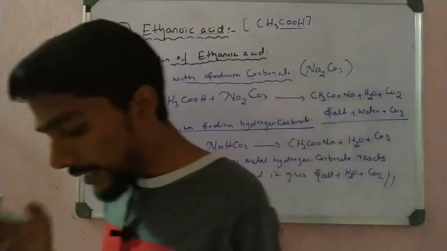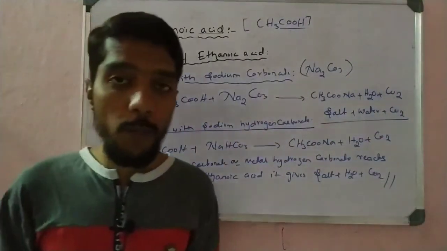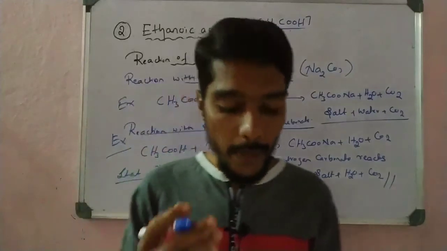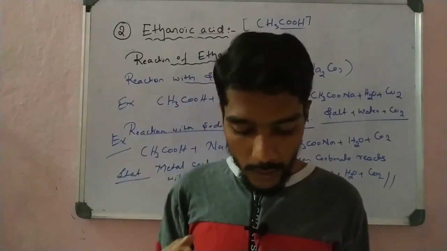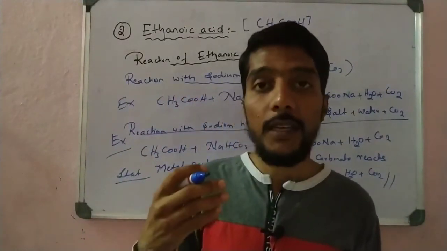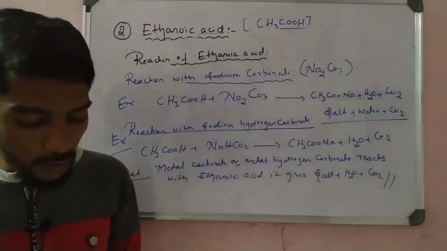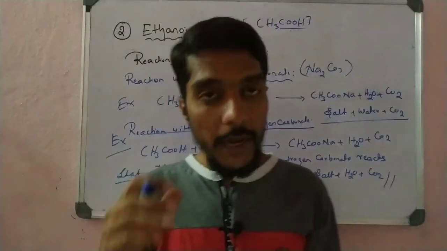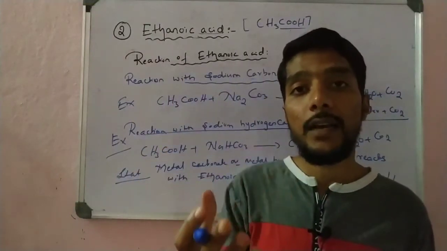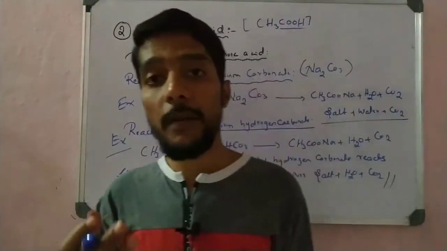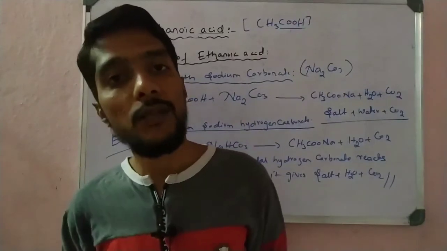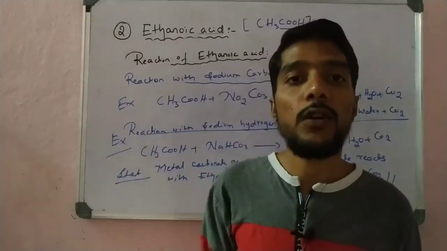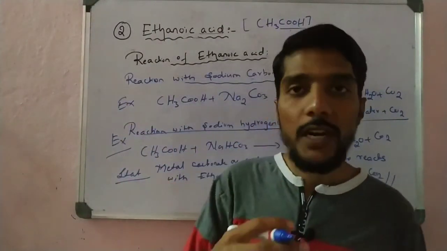So students, these are the important properties, very important reactions of ethanoic acid. In the next video, which is the last video of this chapter, we will take the cleaning action of soap, that is the cleaning mechanism. Hope you understand this video also.